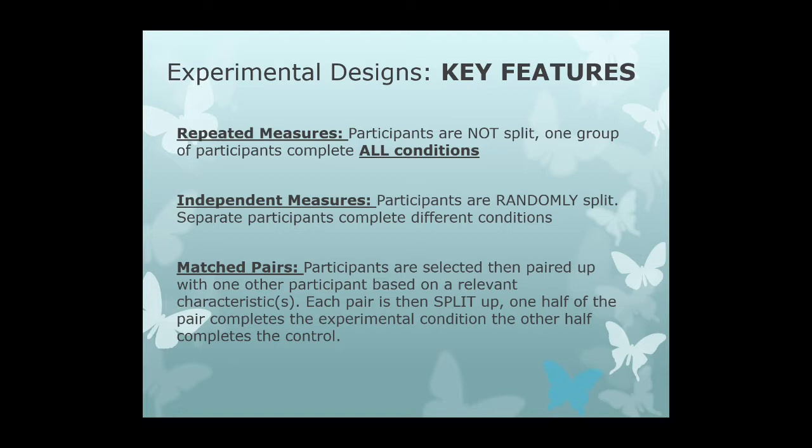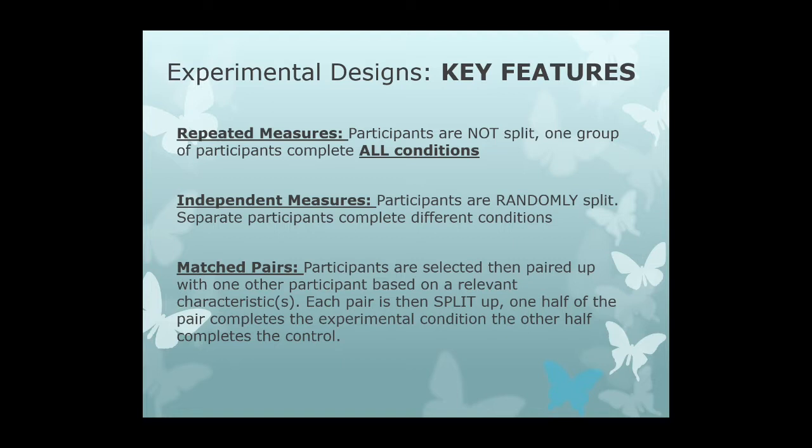So repeated measures design is what I was referring to before, and we have actually covered this. If you remember, we'd said that a repeated measures design is one of the ways in which you can control extraneous variables. So we'd said that participant variables obviously cause us problems in establishing cause and effect. One of the ways around it is to use repeated measures.